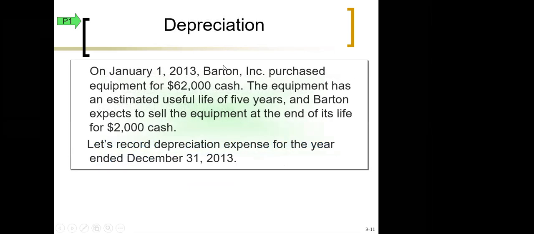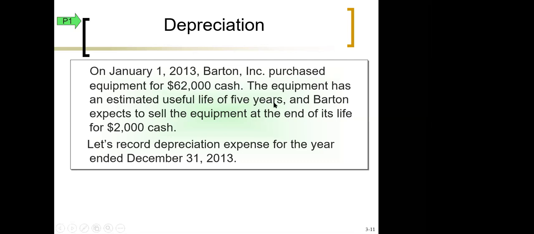Here's the example. They bought equipment for 62,000. Equipment useful life, we need this information. It says 5 years. They expect to sell the equipment at the end of its life for 2,000 in cash. That's the salvage value. So you would be doing 62 minus 2. And we go back to the important information. Useful life is 5.